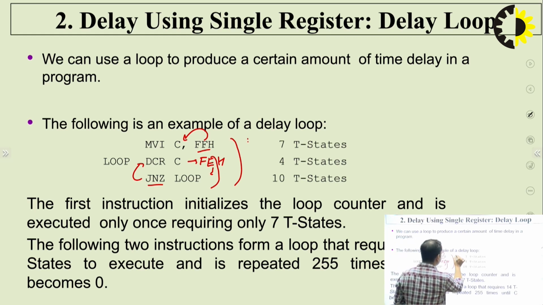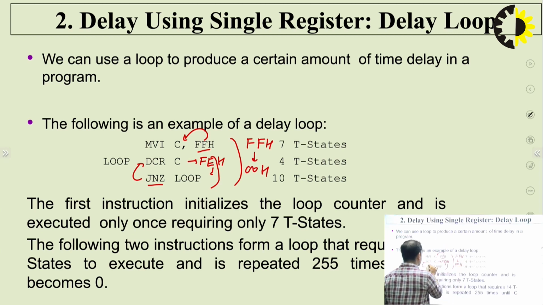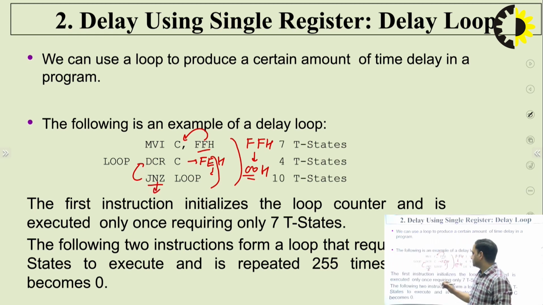It means it will be decremented from FFH to 00H. When this condition occurs for 00H, it will come out of the loop. That is why this loop will continuously execute from FF to 00H, and then come out of the loop.